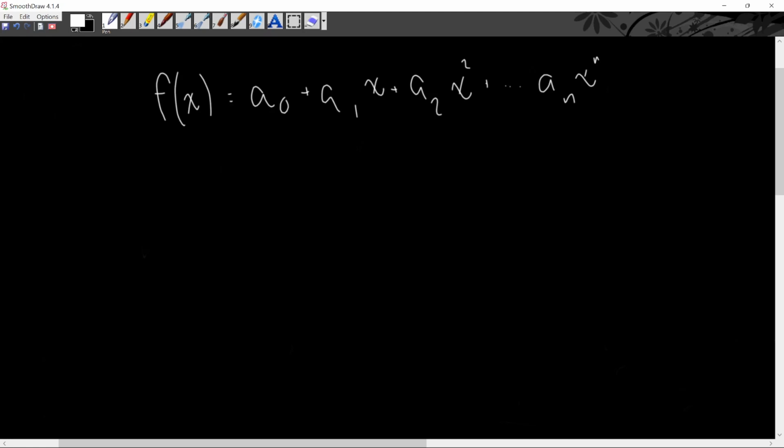Again, I feel like I've spoiled this reveal a couple of times. We're going to be doing Taylor series, in which case we actually do find the functions for which these power series actually estimate values.